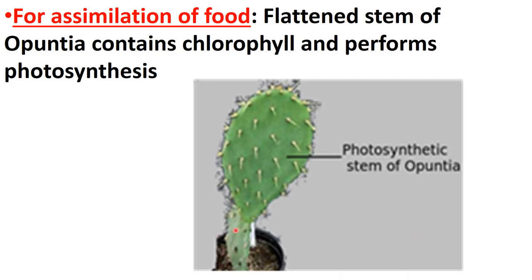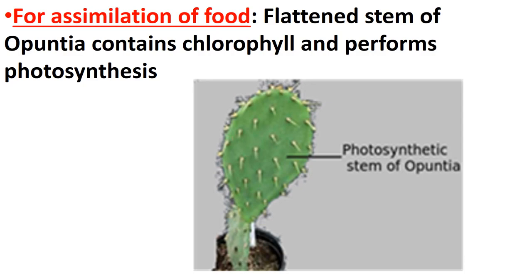As you can see here, the flattened stem of opuntia, this is a cactus. This flattened stem is not a leaf, it is a modification of the stem. It is making a leaf-like structure, and has become flattened. The flattened stem of opuntia contains chlorophyll. As you can see the color is green, it means it has chlorophyll and performs photosynthesis, right?